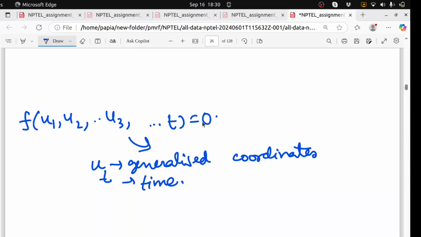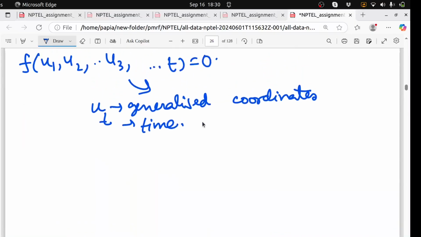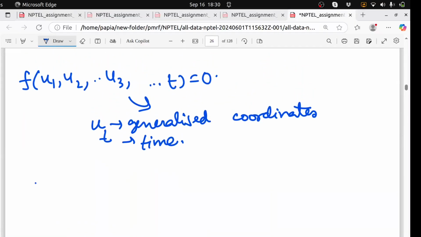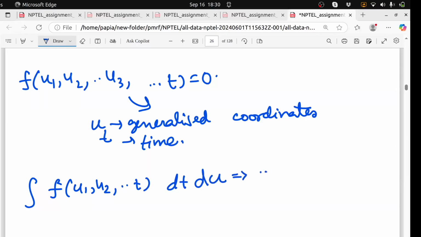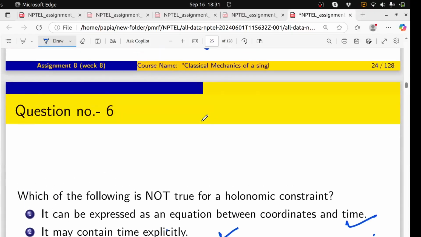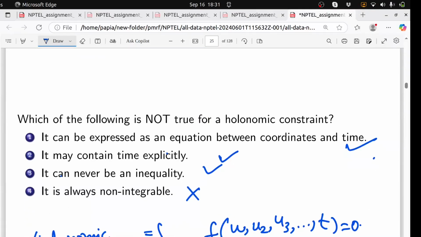By giving the proper condition on that f, I can say that the integration of u1, u2, t, dt or du is something. So that means it is integrable. Okay, so it is always integrable. That is not correct, and they are asking which of the following is not true. So this one is not true.